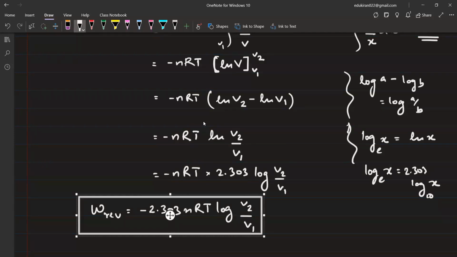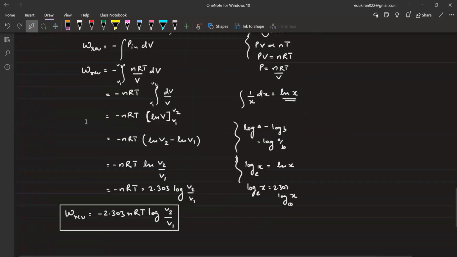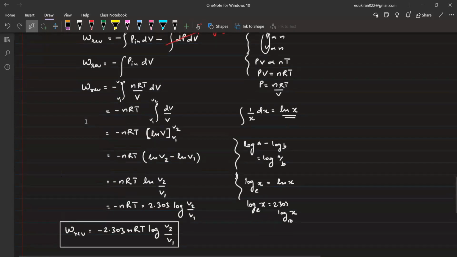Okay? Even if you don't understand many things here, because first of all you had the PV is equal to nRT issue, then we had the integration, and many of you did not know the integration of 1 upon x dx, or log a by b and log a minus log b. Keeping those things aside, try to remember this form.